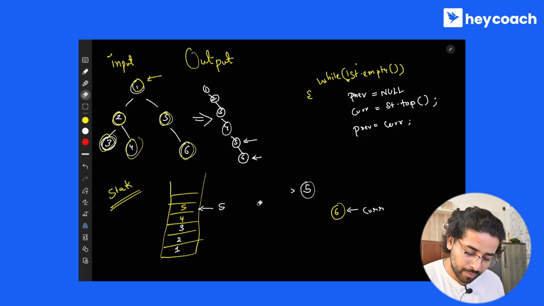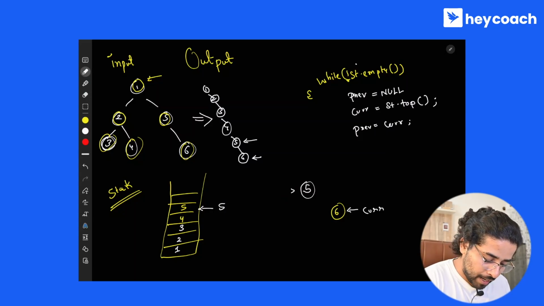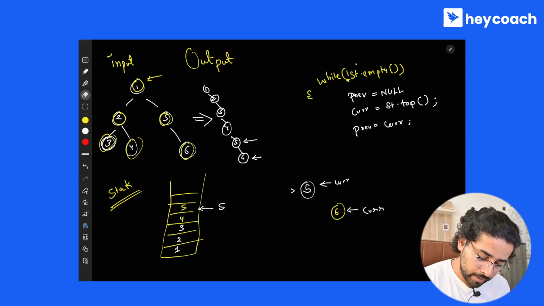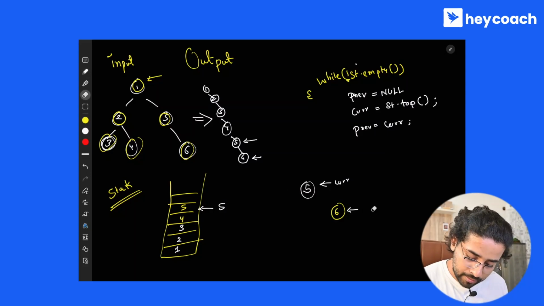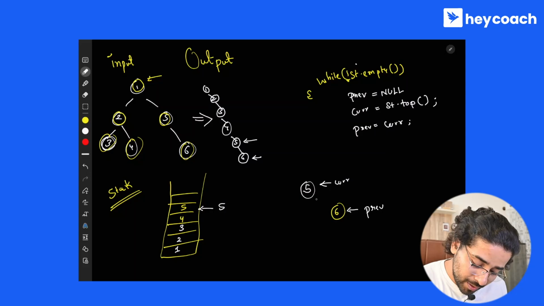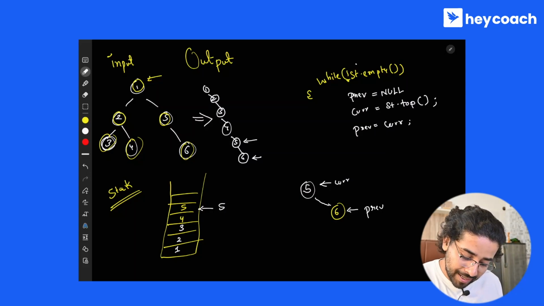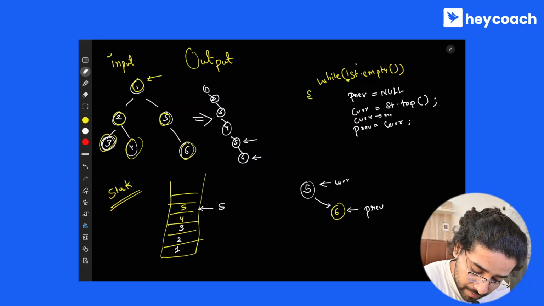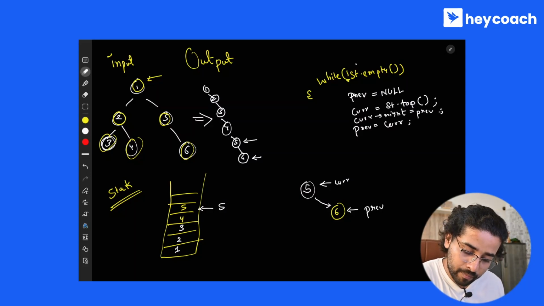How are we going to connect this? When 5 arises, this is our current node and this is our previous node. We connect current.right to previous, so current.right equals prev.